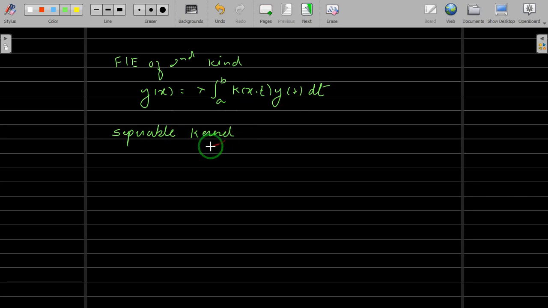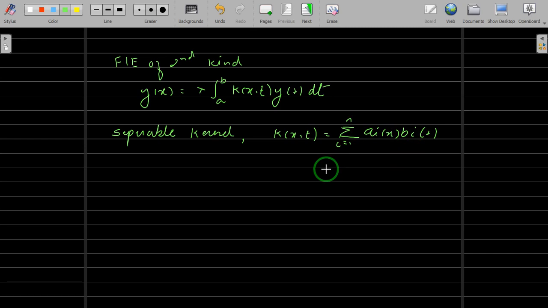And then we assume our kernel to be in this form, k(x,t) is summation i from 1 to n of a_i(x) b_i(t). Again we said these a_i(x) and b_i(t) are linearly independent functions.